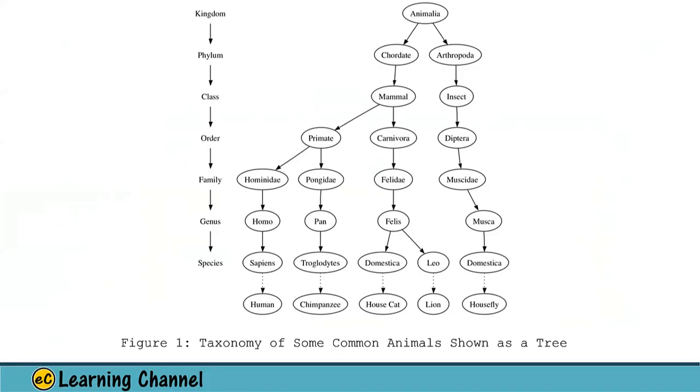Biology has kingdom, phylum, class, order, family, genus, species. This is for biology classification, and it can be a tree. Under a certain branch, you have some family of the animal.